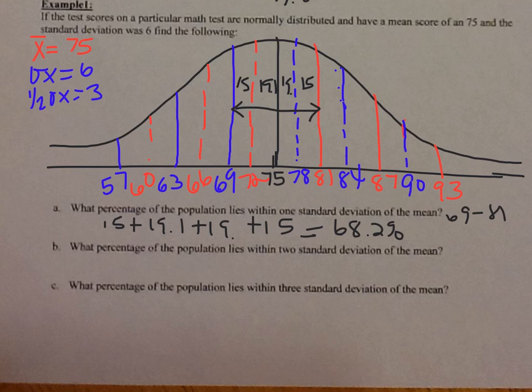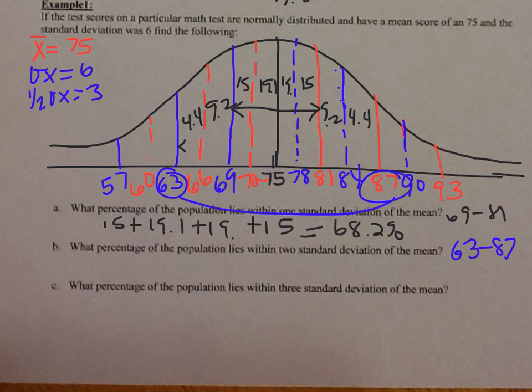What percent of the scores lie between 2 standard deviations? So 2 standard deviations would be from 63 to 87. That's why I did the halves in dotted lines and my full deviations in solid lines. So I'm going to add those percents in also. So this is 9.2 and 4.4.